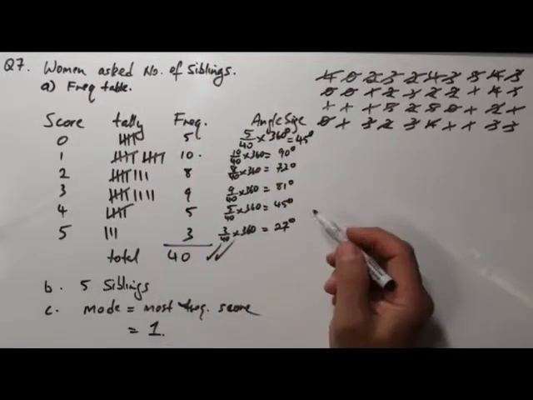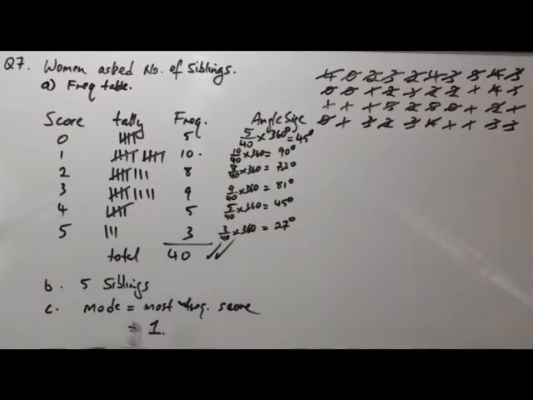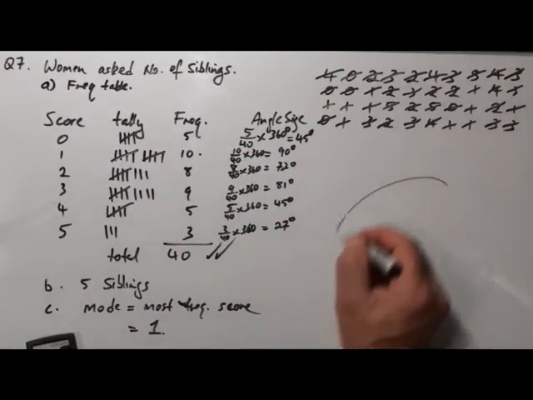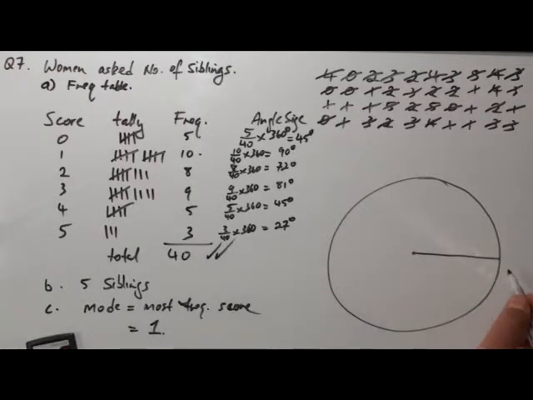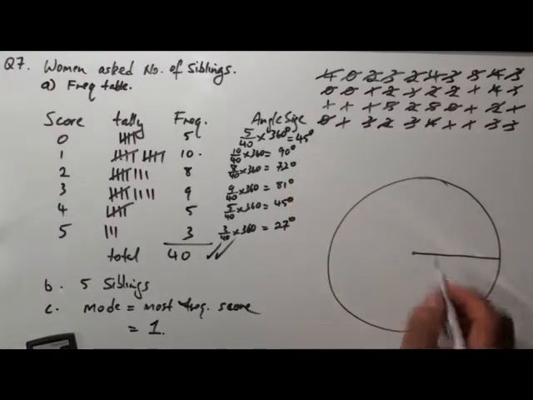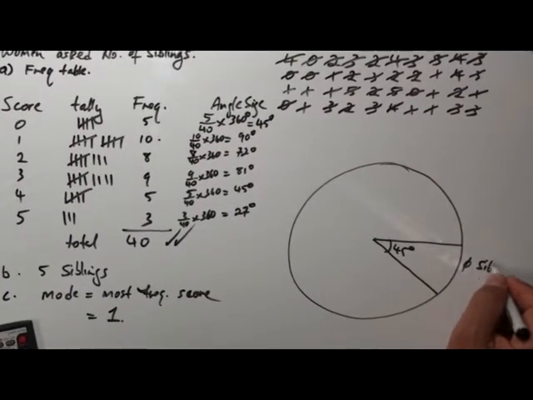Having completed the angle size from my frequencies, now I can construct a sector graph, which will be using a protractor, and I won't have the protractor to show you, but we'll start from a horizontal line, and we'll work out 45 degrees for a score of frequency of 5, which will be 0 siblings.